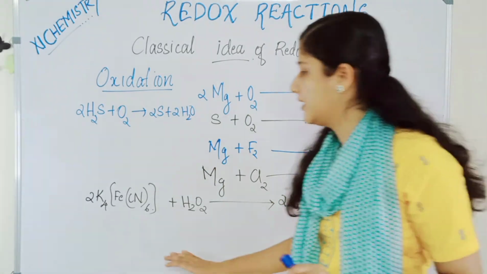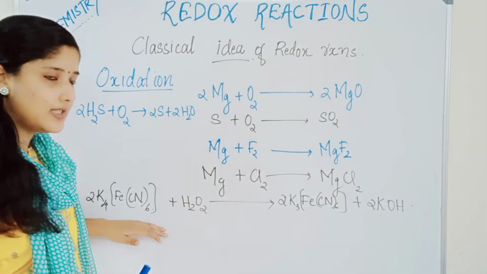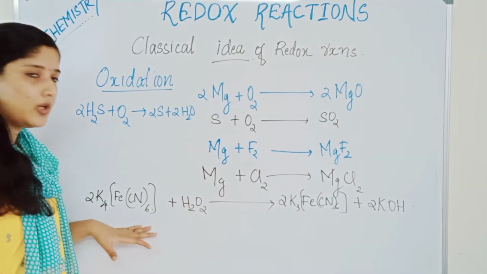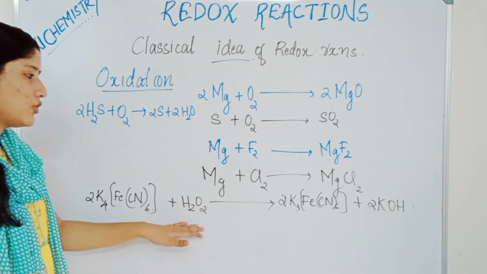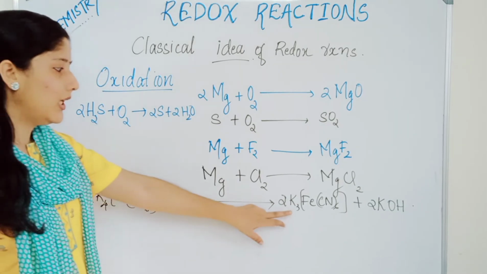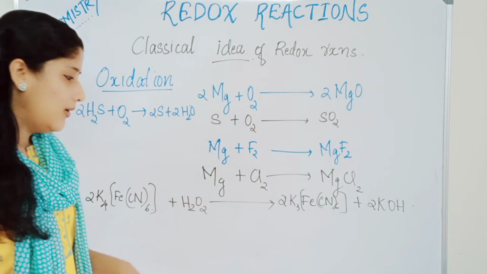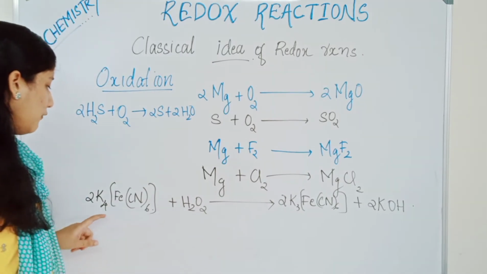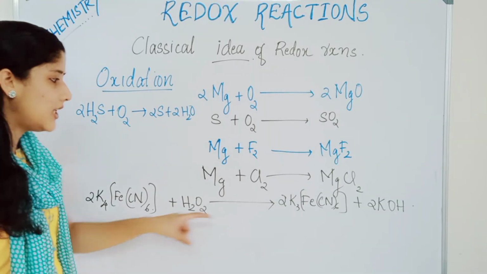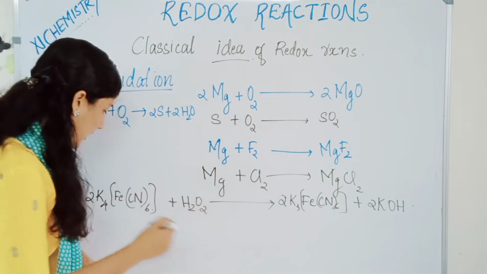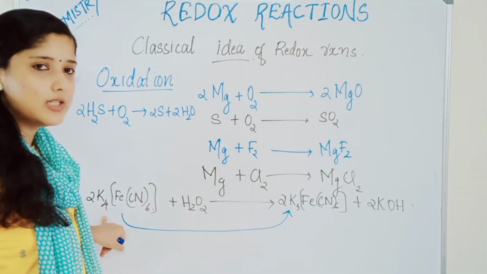So the last reaction is, here you can look, K4FeCN6. This is potassium ferrocyanide. Potassium ferrocyanide plus H2O2 will give you K3FeCN6 plus KOH. Look here, what happened here actually? K4FeCN6, potassium ferrocyanide, changed to K3FeCN6. So here potassium is removed, isn't it?